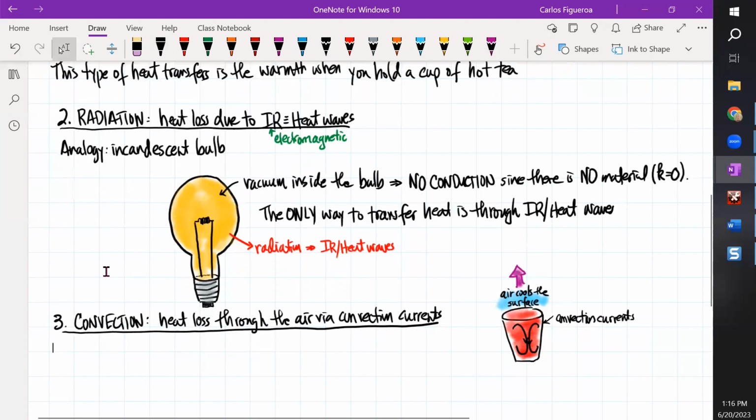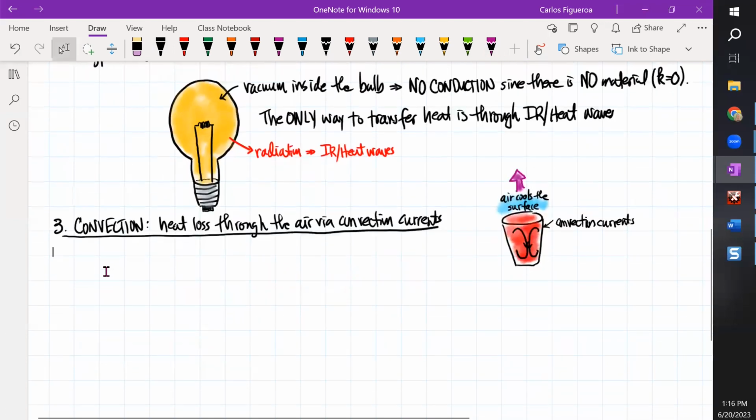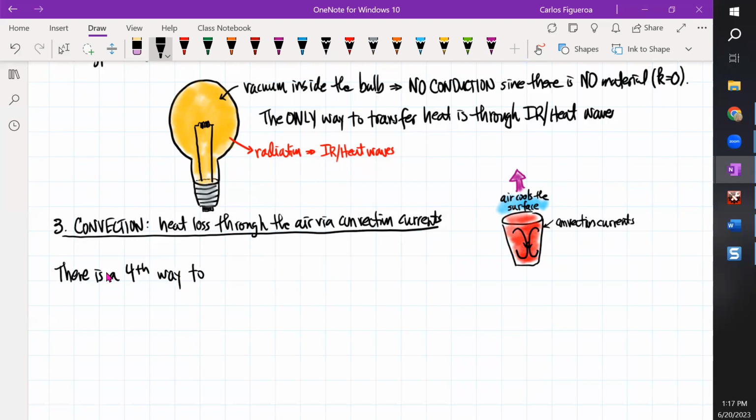And so what we want to study today is another way to model heat transfer.